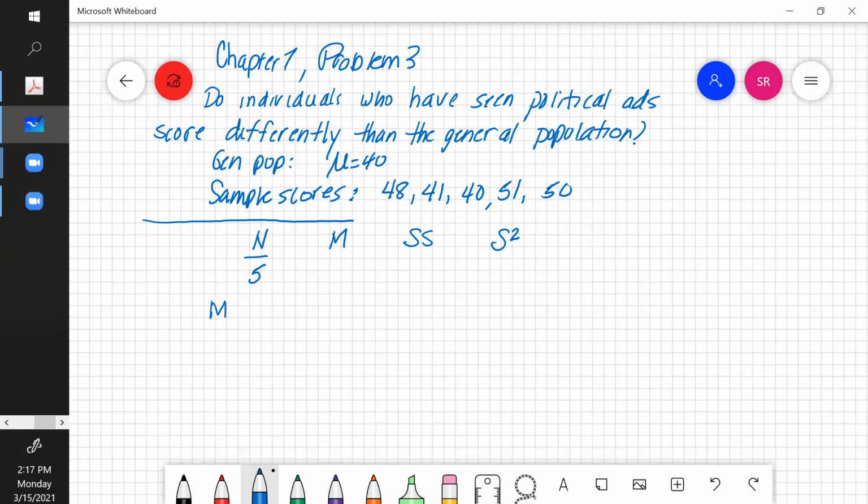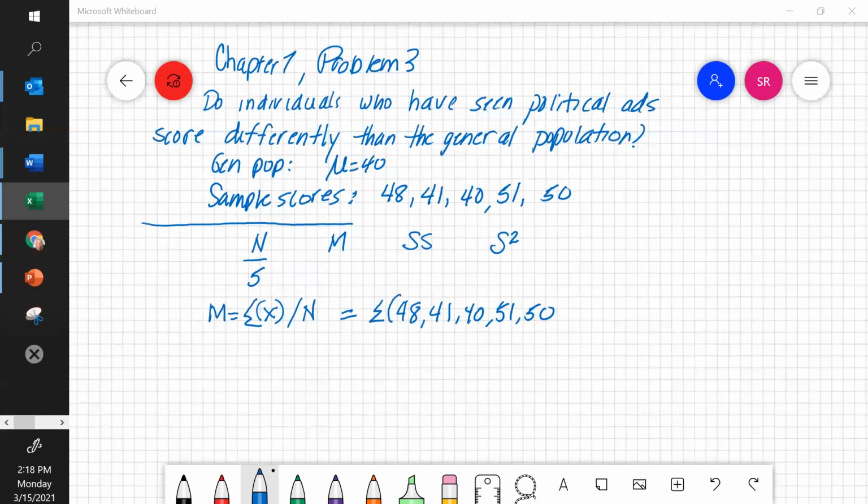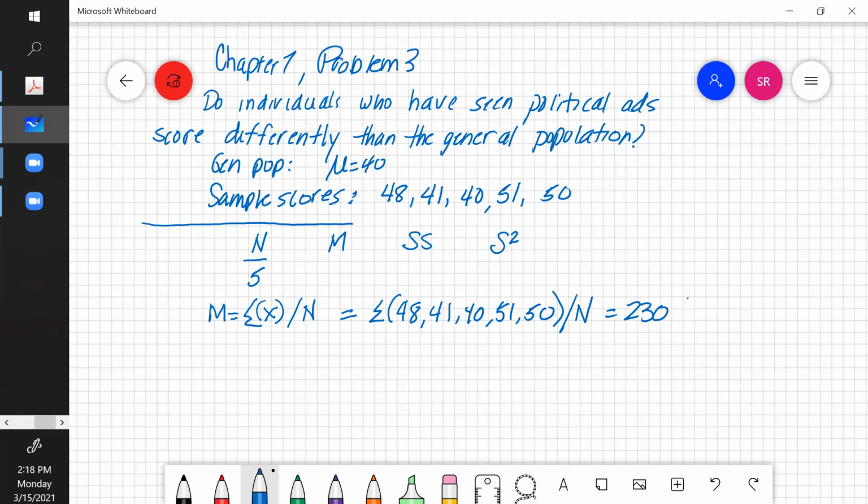Of course, we know the formula for mean: X-bar equals the sum of all X's divided by N. And so let's sum these up, equals the sum of 48, 41, 40, 51, and 50, which would have been quicker to just do in my head, which equals 230. 230 divided by 5, which equals 46.